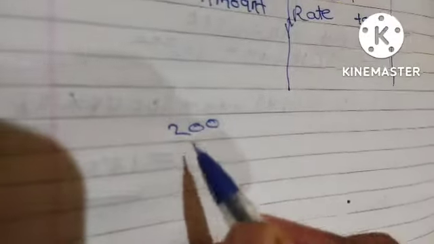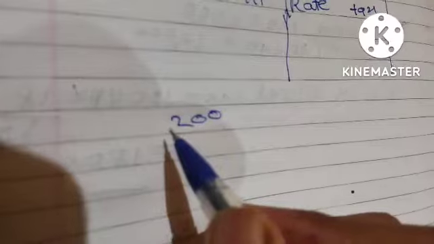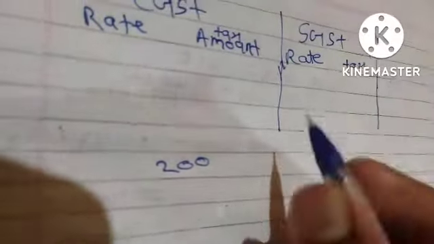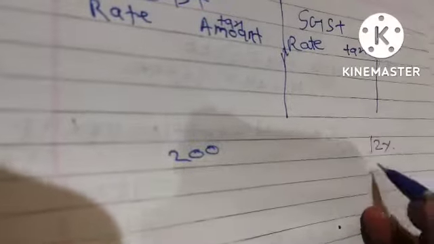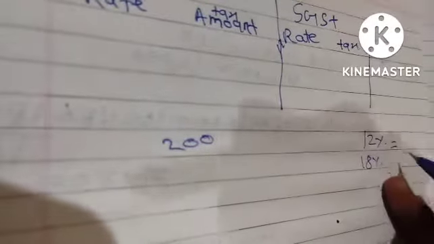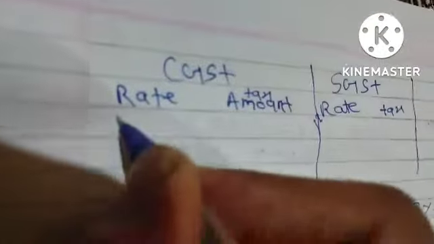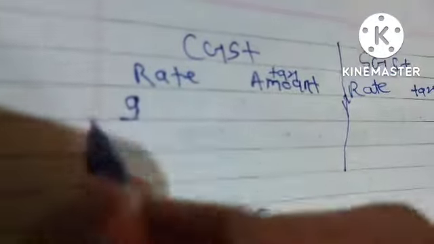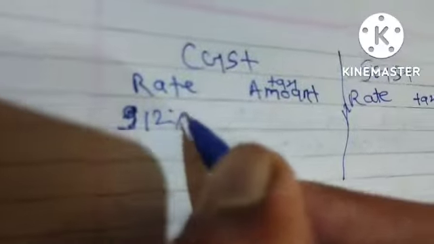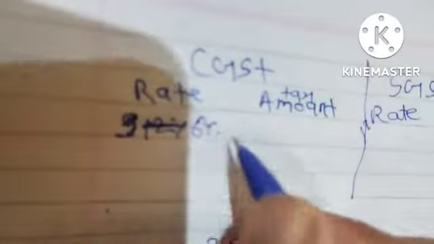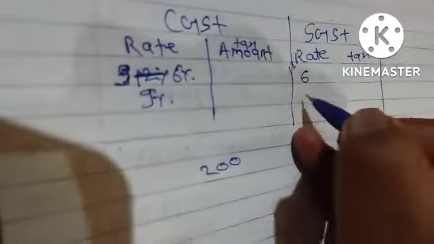So the rate of GST is given as 12% and 18%. As we know, the CGST and SGST will be half, so 18% gives 9%. For 12%, the CGST rate will be 6% and for 18% it will be 9%. Same for the SGST.